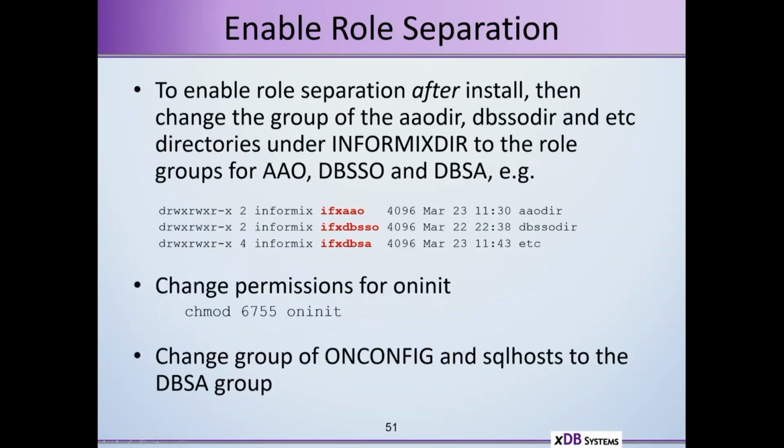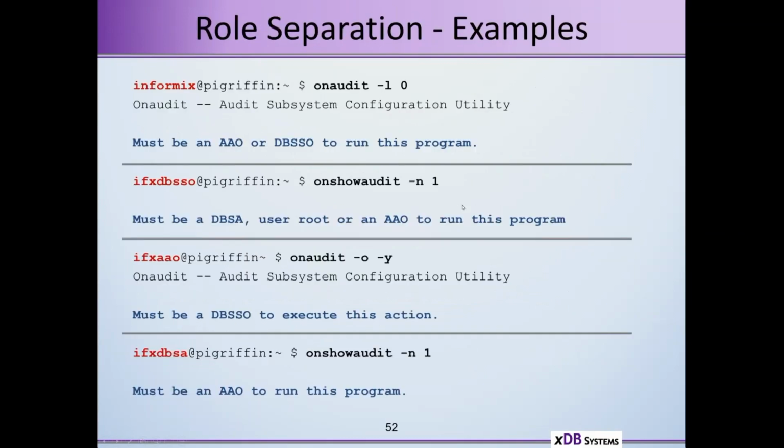If you do it after installation, these directories that we've already visited during this presentation, you need to change the group owner of each of these to be your specific groups. And you change the permissions on init, and make sure that your onconfig and sqlhosts is still owned by your DBSA group. So once you've done that, you've enabled your role separation.